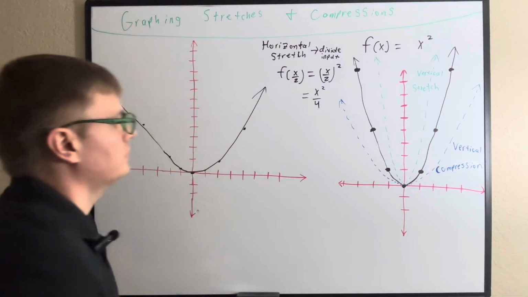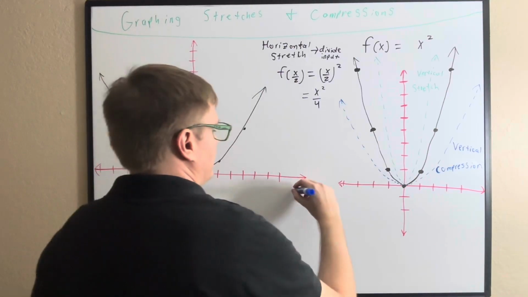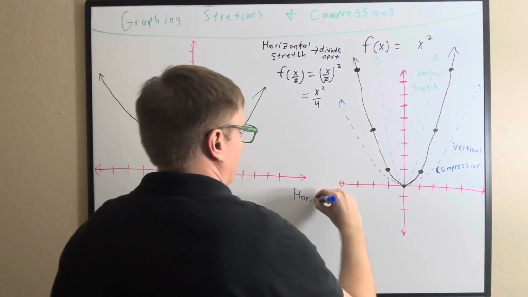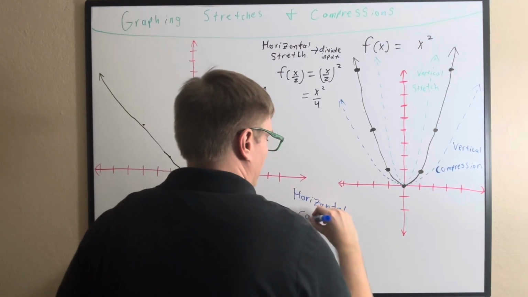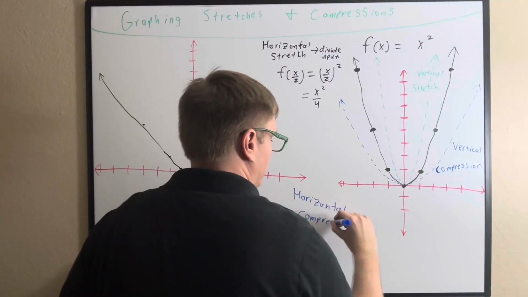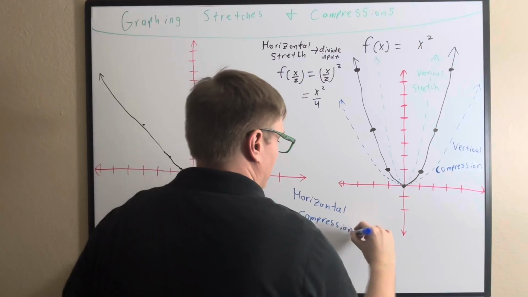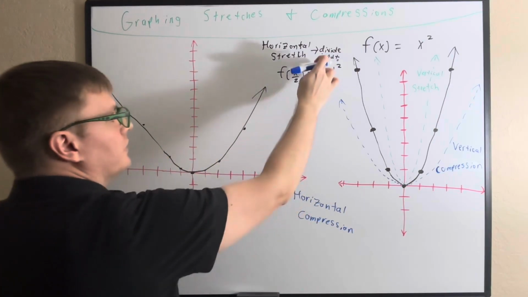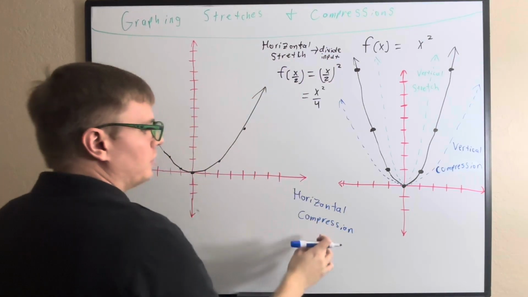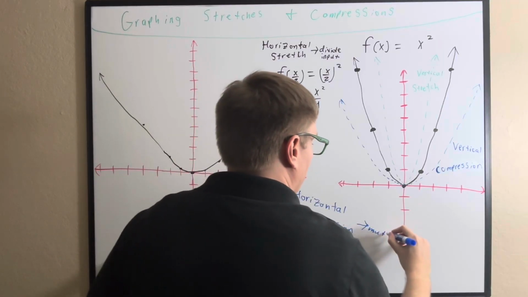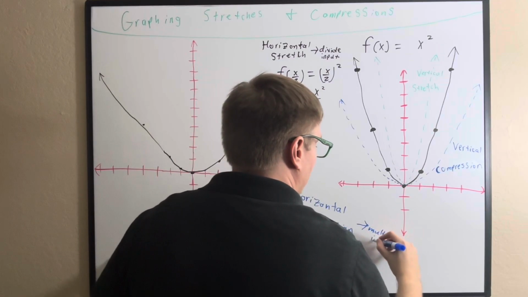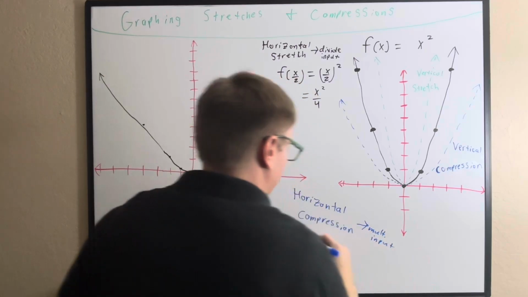And let's do the horizontal compression. What does the horizontal compression do? Well, if we were dividing the input here, we're going to multiply the input here by a factor, right?